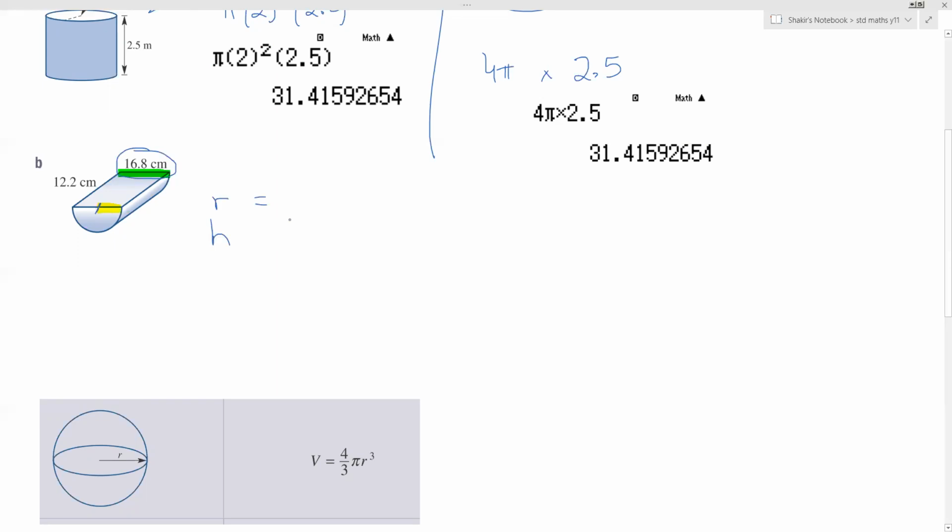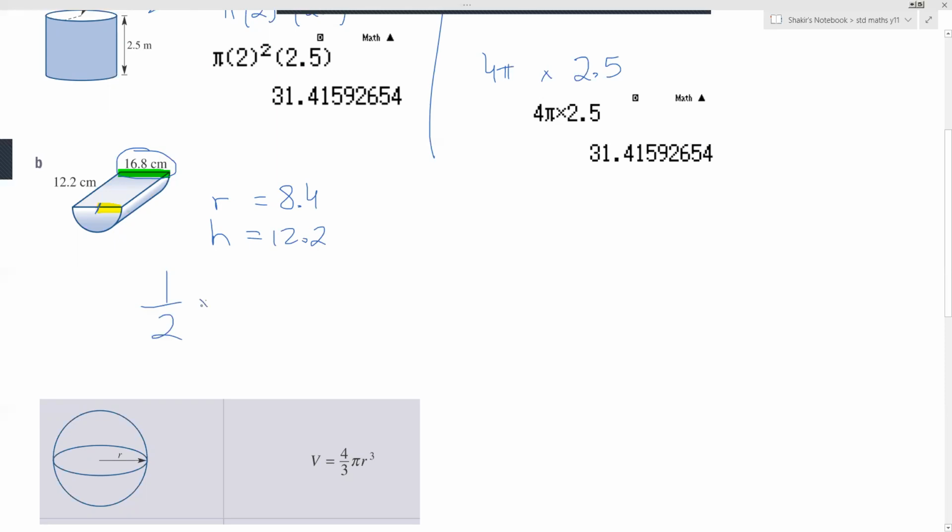So the radius is going to be 8.4. The height is 12.2. And now we can apply the formula. Remember, it's going to be half of a normal cylinder, half of the area of the face. So we can do pi times the radius squared, so 8.4 squared, multiplied by the height, which is 12.2 here.